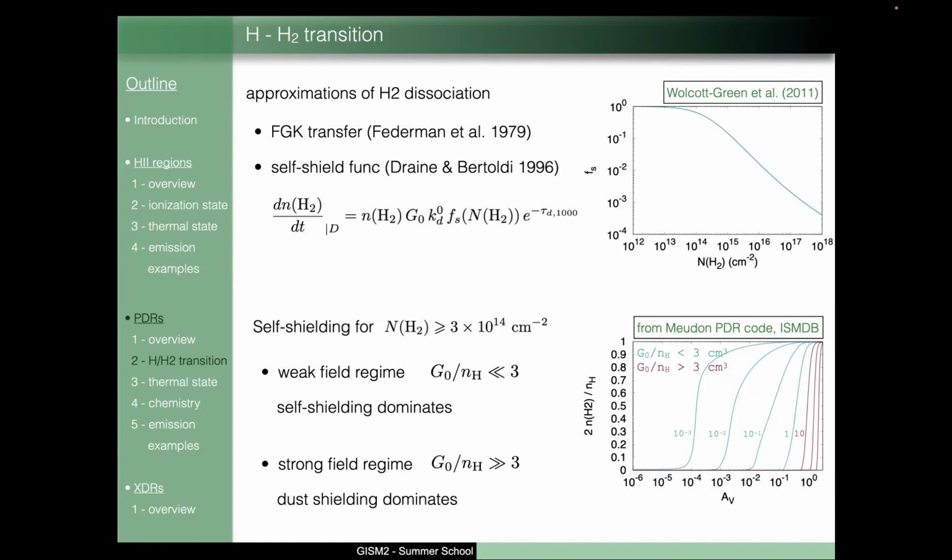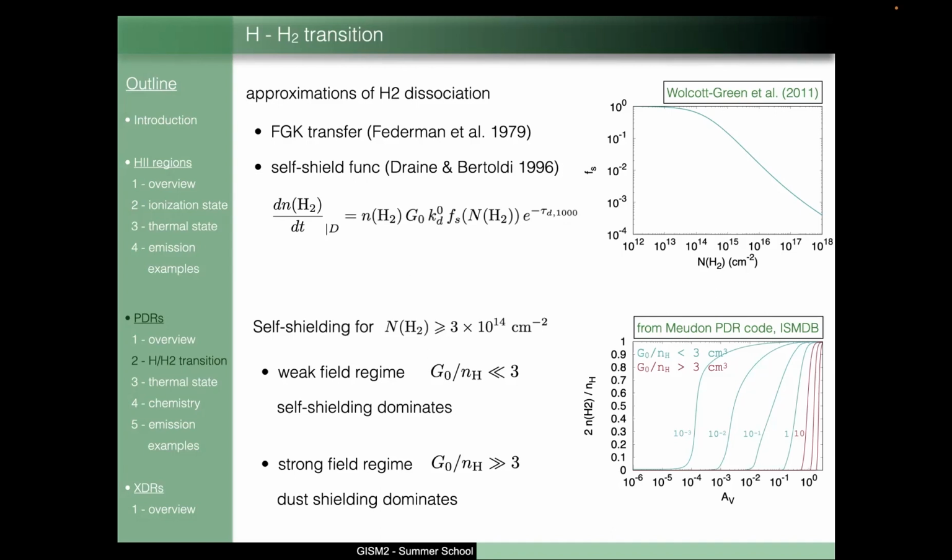So the question that we could ask is, do we reach in a PDR this column density of H2 before or after the dust has absorbed the radiation field? If we reach it before, it means that H2 will be self-protected, self-shielded.